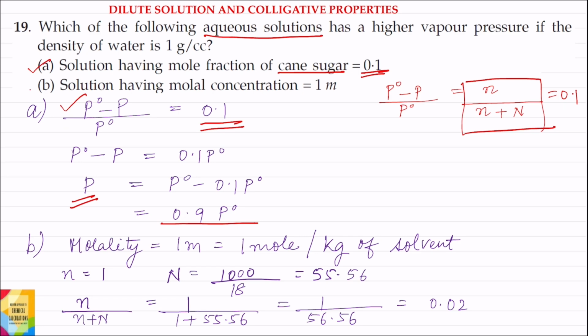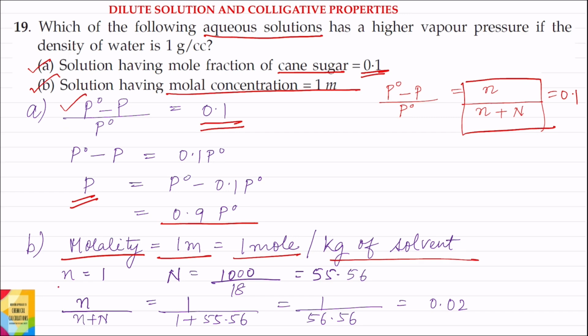Now B part. Here the molar concentration of the solution is given and it is equal to 1 m. Or we can say that molality is equal to 1 m. Now what is the meaning of molar concentration equals to 1 m? It means that it contains 1 mole of solute per kg of solvent.